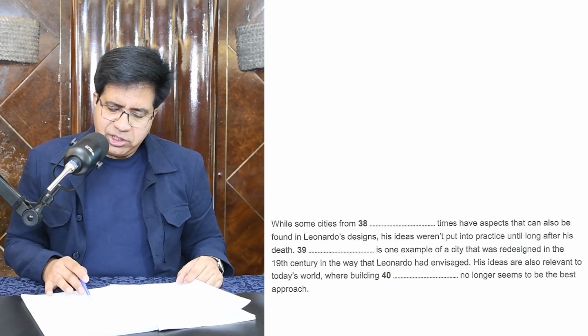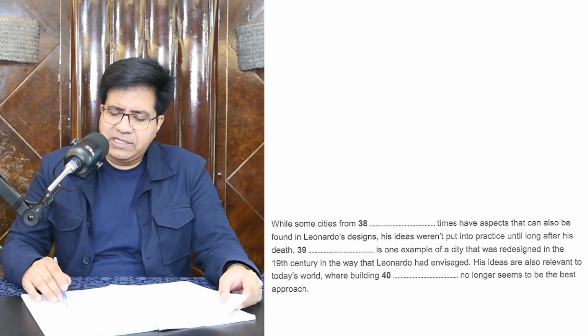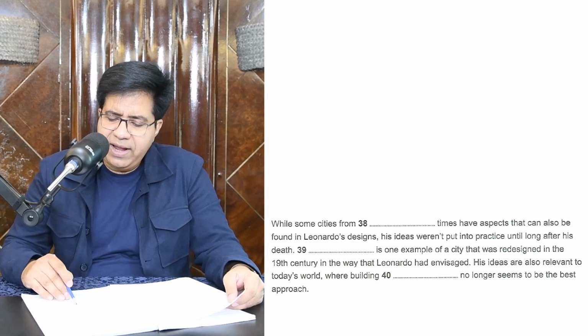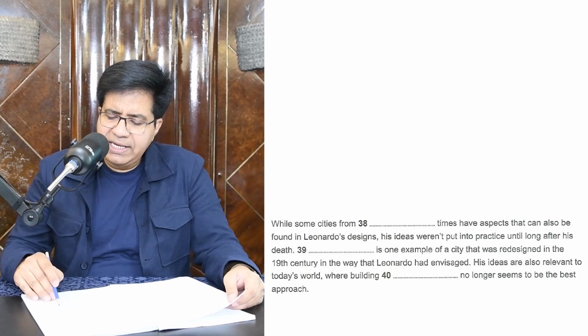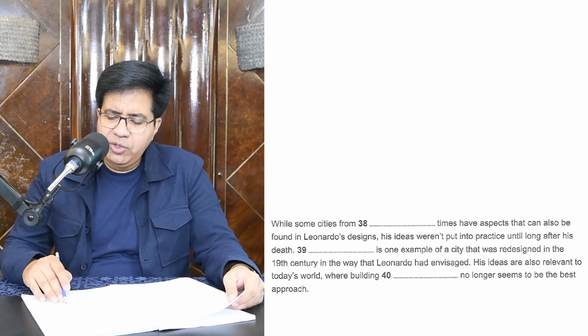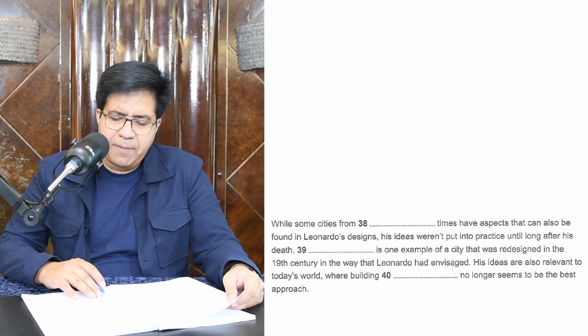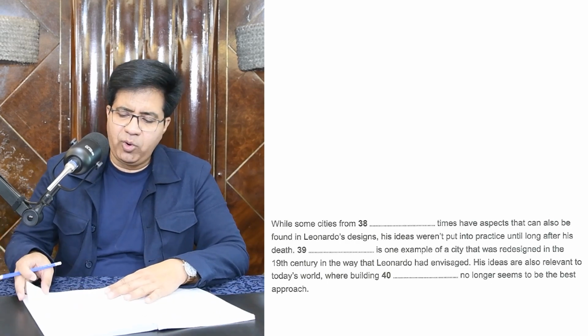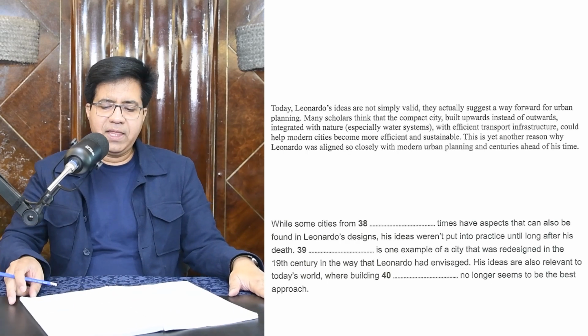Okay, last question. Paris is one example of the city that was redesigned in the 19th century in the way that Leonardo had envisaged. His ideas are also relevant to today's world, where building outwards no longer seems to be the best approach. Last paragraph.